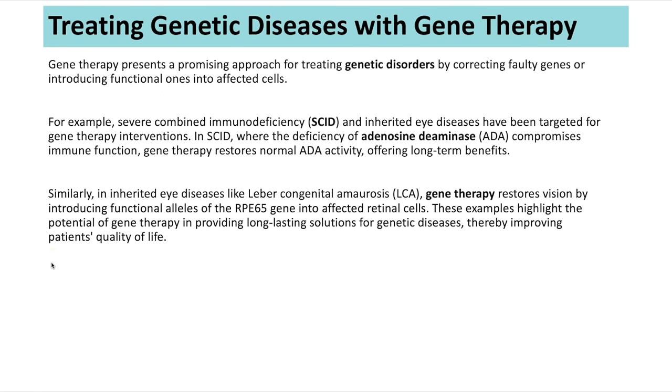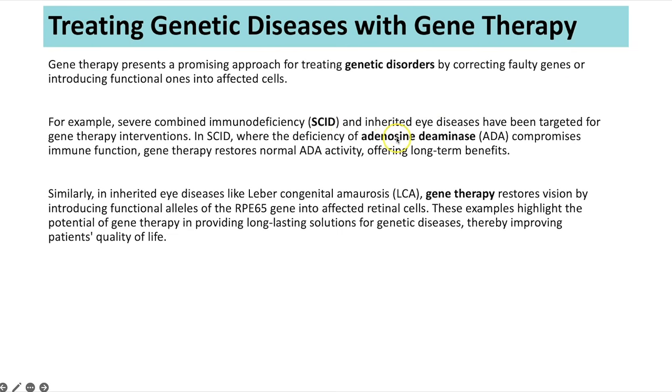Gene therapy is a way that we could try and treat genetic diseases as well. And it involves correcting faulty genes or introducing functional ones within the genome to override the affected cells. So for example, severe combined immunodeficiency and inherited eye diseases have been targeted for gene therapy interventions.